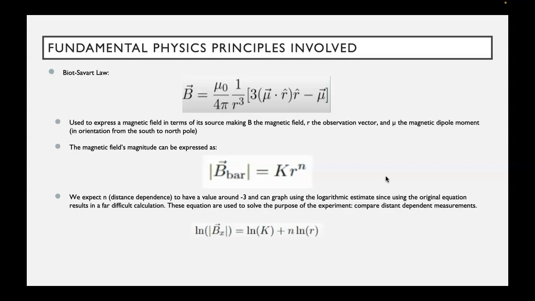The magnetic field's magnitude can be seen to be equal to K times r to the power n, and we expect n, which is distance dependence, to have a value around -3, and we can use this to graph the logarithmic estimate because using the original equation results in a far more difficult calculation. The logarithmic equation is shown below, and these equations are used to solve the purpose of the experiment, which is to compare distance-dependent measurements.